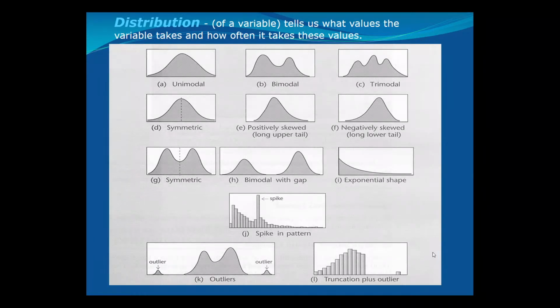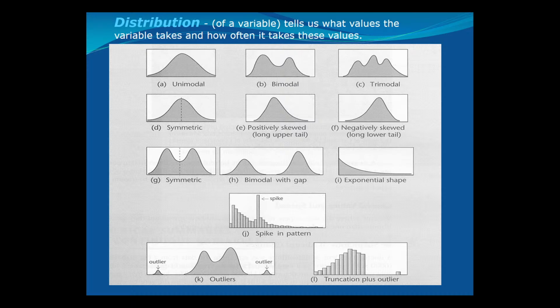On this graph, you see different types of distribution of a variable. Look at the top level, you see the distribution at graph A with one peak. It is called unimodal.